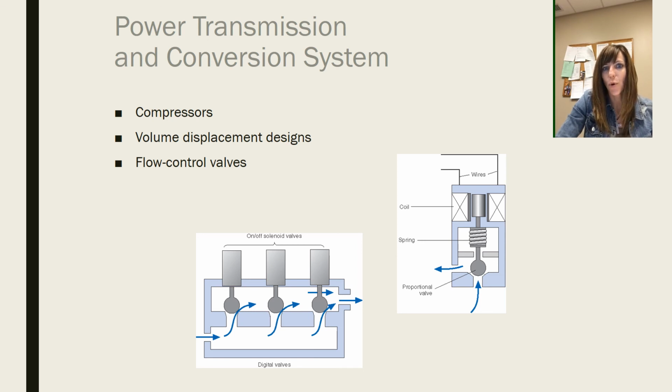Again, this is a flow control valve. The valves go up and down either through magnets or electricity. This is one of the most comfortable types of flow patterns for the patient. It allows flow to always be going through the circuit. The patient doesn't have to really pull hard to get air. And you'll see this one a lot inside the ventilators if you ever were to look inside of one.